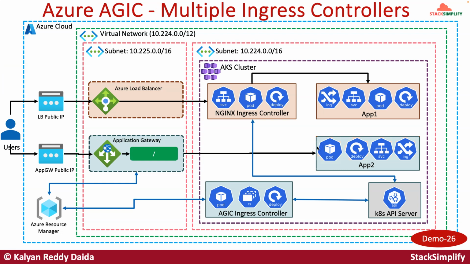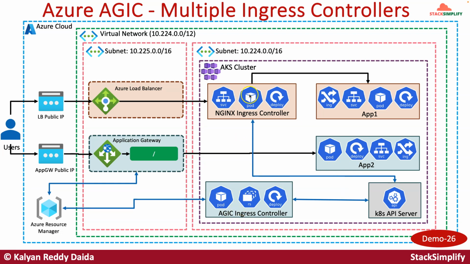After that, we are going to deploy multiple Ingress controllers. On our AKS cluster we already have the AGIC Ingress controller. We are also going to deploy the Nginx Ingress controller on our AKS cluster, and associate the app1 application with the Nginx Ingress controller using Ingress class name, and the app2 application with the AGIC Ingress controller using Ingress class name.